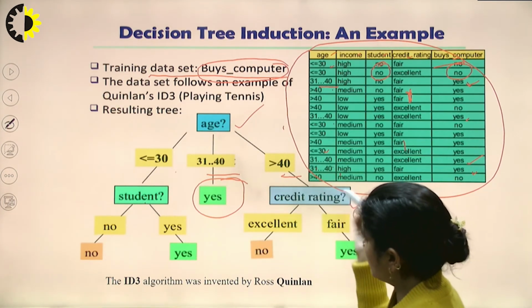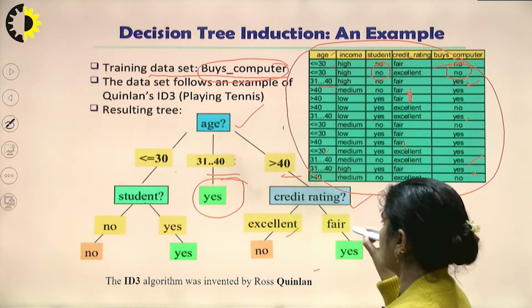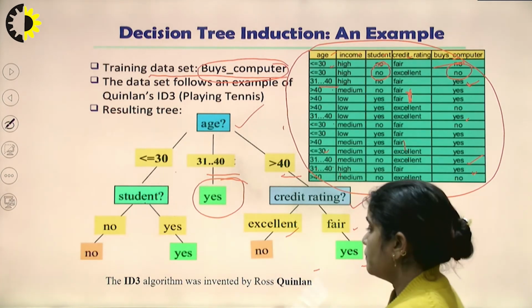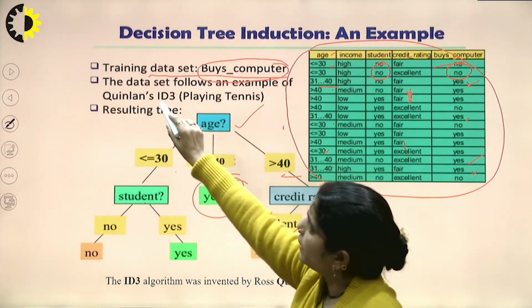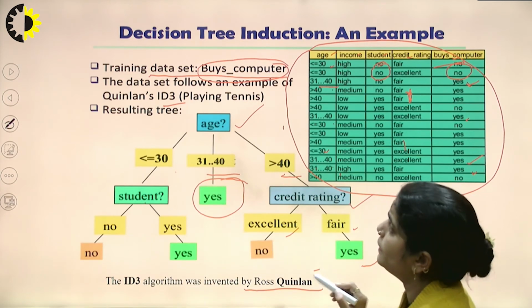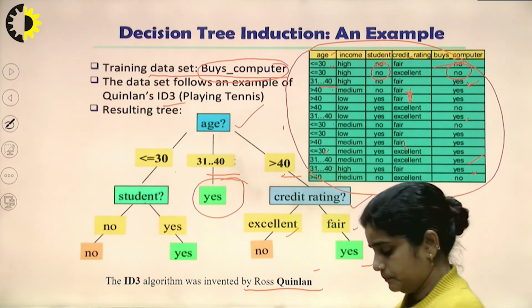When the credit rating is excellent, then buys computer is no, and if credit rating is fair, then buys computer is yes. Here I have used ID3, an algorithm invented by Ross Quinlan. The data set follows an example of this only.